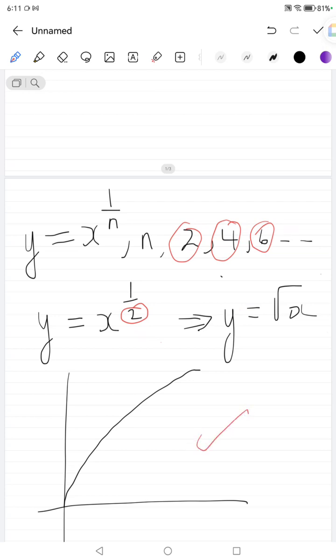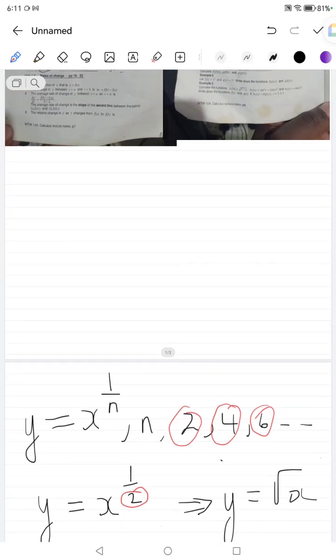So you have to know that you can get y is equal to x to the exponent 1 over 2, which is y is equal to the square root of x. These are the same things.